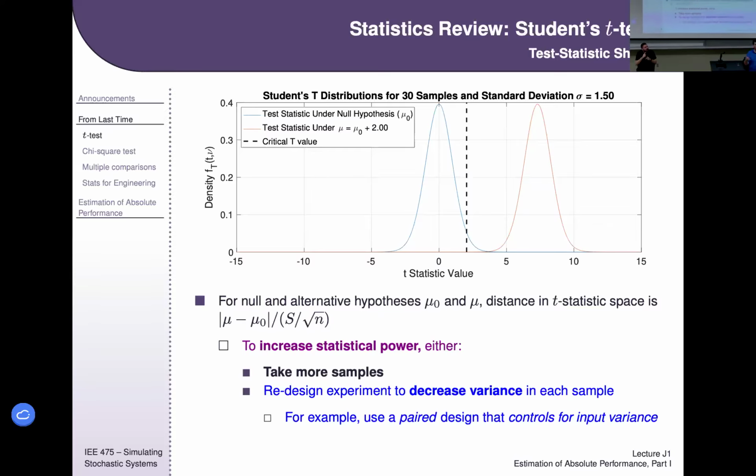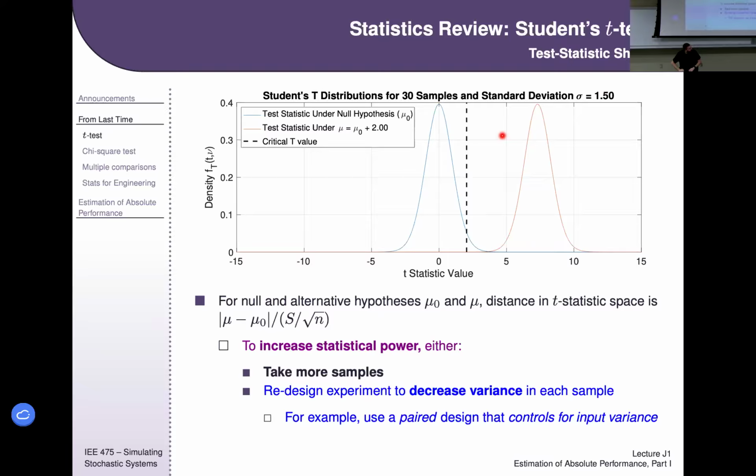So when I say I control for something when I design an experiment, I'm saying that I realize that a certain part of the variance of my output is due to something that I can measure or control, something I can actually change the values of. And if I can measure or force the values to be what I need them to be, then I will reduce the effective variance on the output.